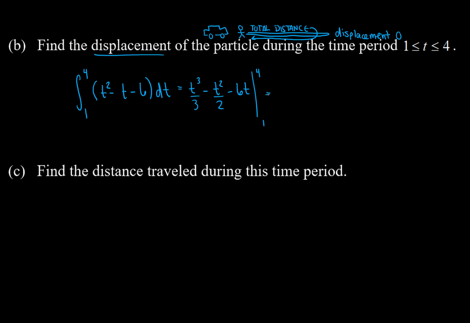So that's going to give us 4 cubed over 3 minus 16 over 2 minus 6 times t, which is 4. And this one in here is going to give me negative 32 thirds.